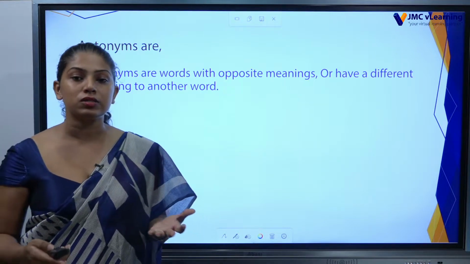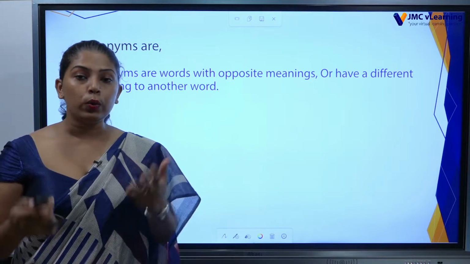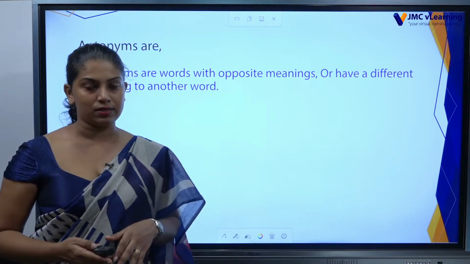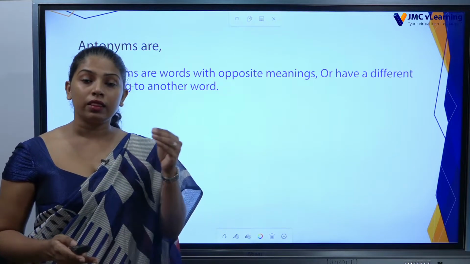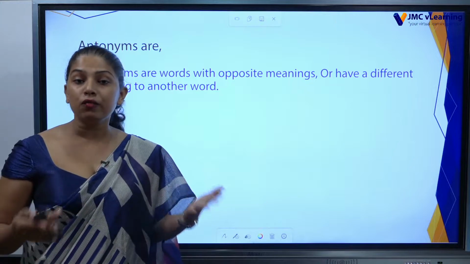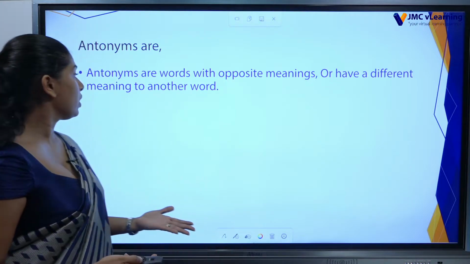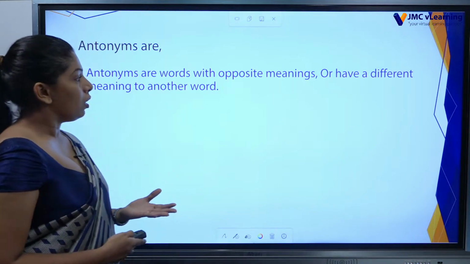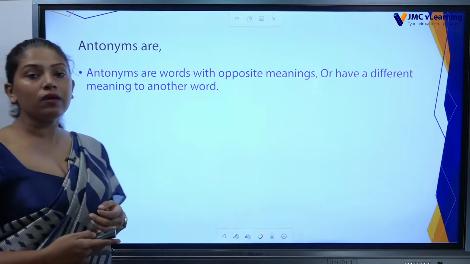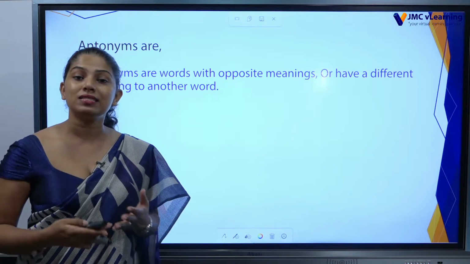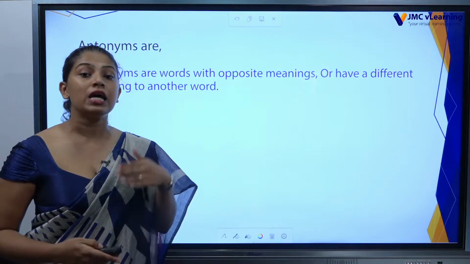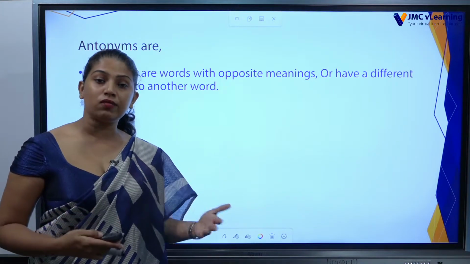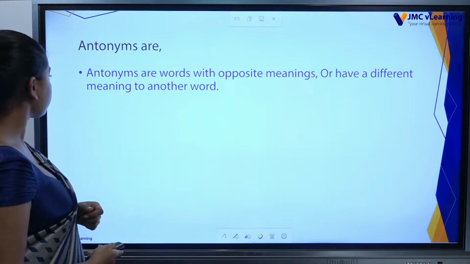Earlier we talked about synonyms, which give similar ideas, but here we are talking about words which give different or opposite ideas, an opposite meaning to another word. So here we can't find similar words. Here we can see different ideas, so different meanings.